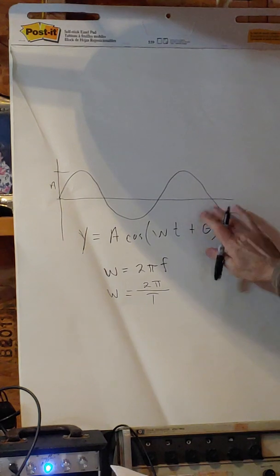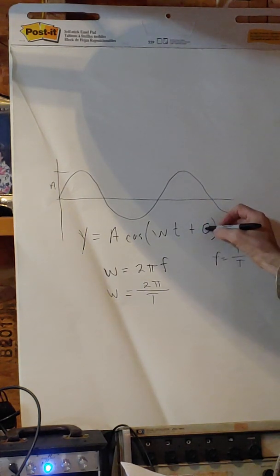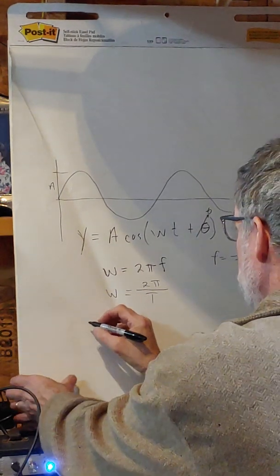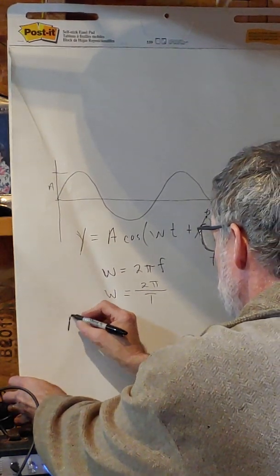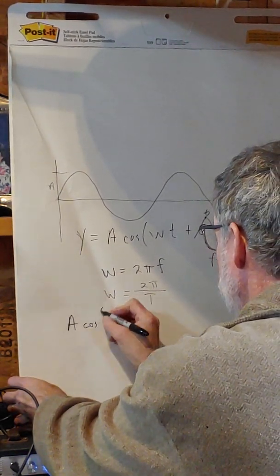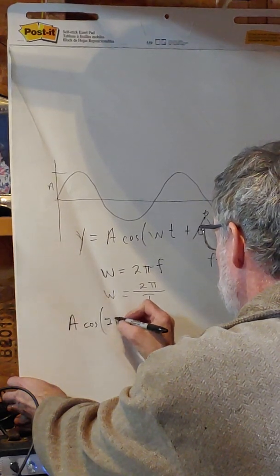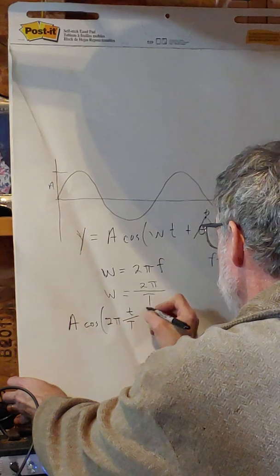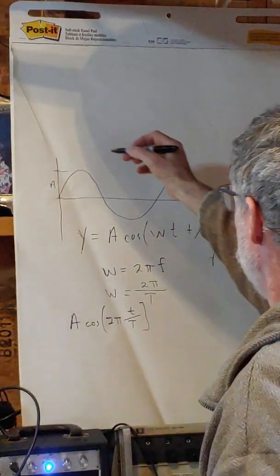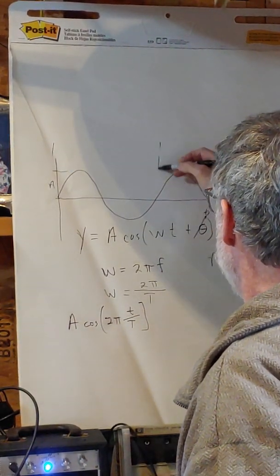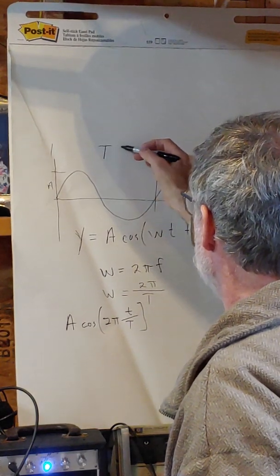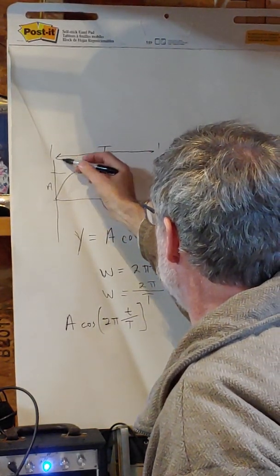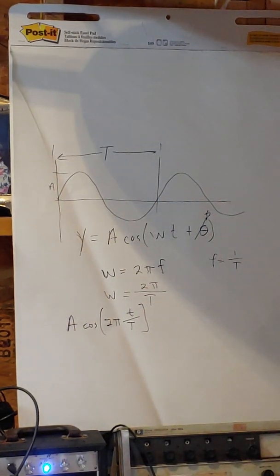If we assume this theta right here is 0, then we say cosine 2 pi t over period. The period is the period of oscillation, or the time for one cycle. Okay, time for one cycle.